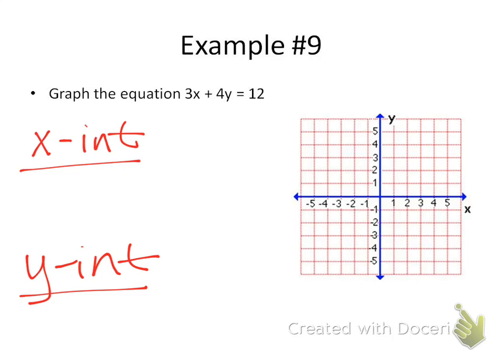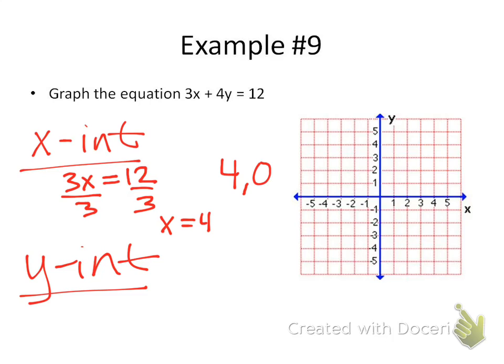So on this one, to find the x-intercept, I'm going to make y 0. 4 times 0 is 0, so I just have 3x equals 12. Which gives me the x-intercept of 4. So I know I'll have a point at 4, 0. Y-intercept, we do the same process except now we're making x 0.